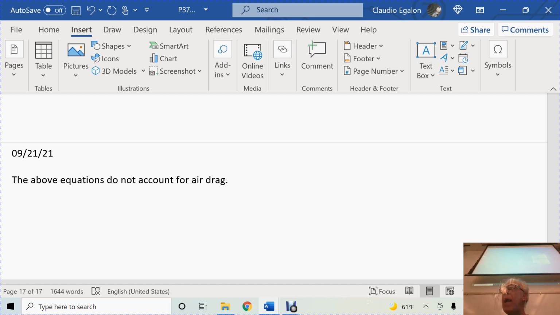I have derived the equations for a projectile subject to air drag. It's lots of work, but we don't do that in this course because it's too extensive.